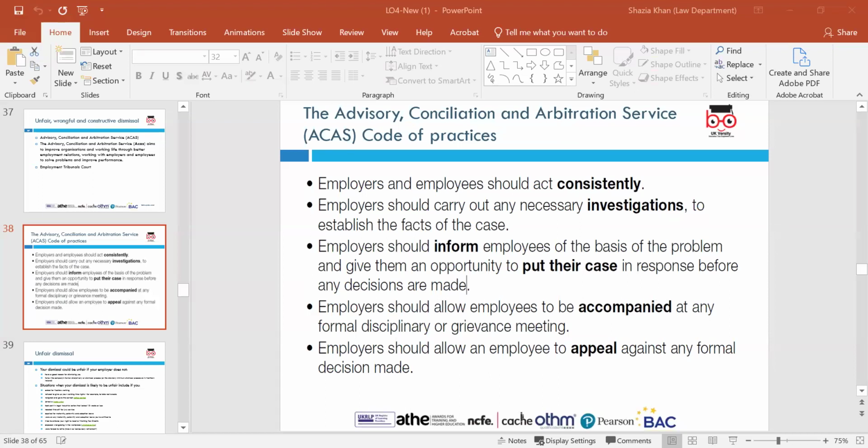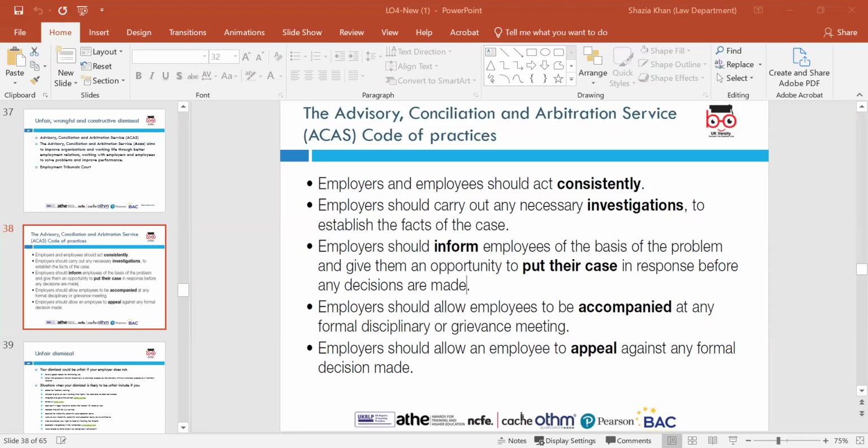ACAS works with millions of people to help and support them in regards to any forms of unfair dismissal, and there are codes of practice that you must follow, things like the code of practice on disclosure of information, as I mentioned, the code of practice on settlement agreements, the code of practice on flexible working, the code of practice on time off for trade union duties, and the code of practice on disciplinary procedures.